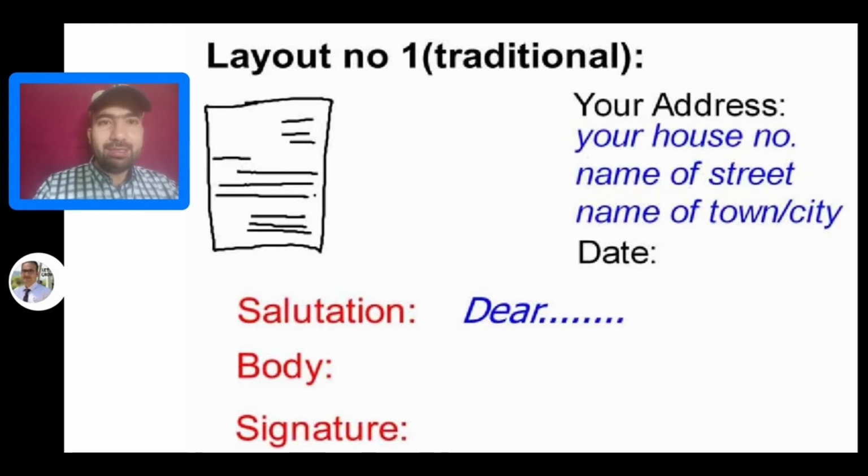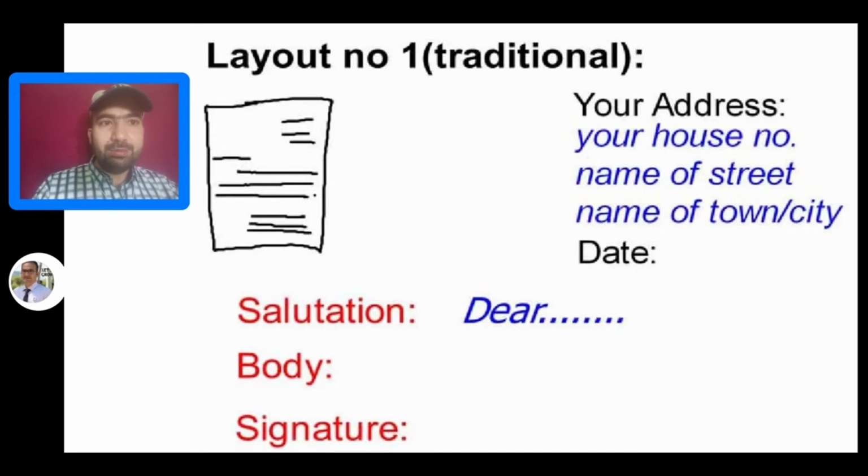You can see that there is a personal address right at the top right hand corner. Then you can see the salutation at the left side. Then there is a body. Then there is a closing.